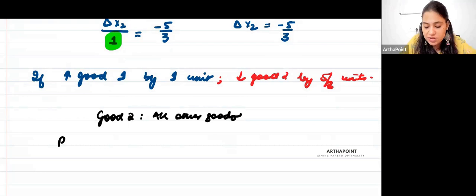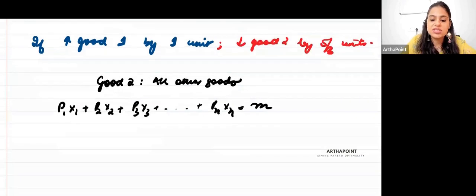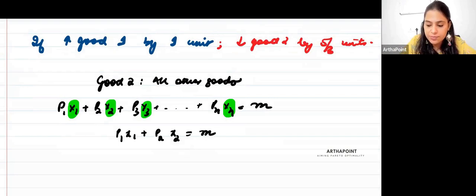One way could have been this: P1 x1 plus P2 x2 plus P3 x3 plus Pn xn is equal to m. So this tells me that, okay, I am consuming good 1, good 2, good 3 till good n. That is one thing that I can do. The other thing that you can do is, you can say P1 x1 plus P2 x2 is m.